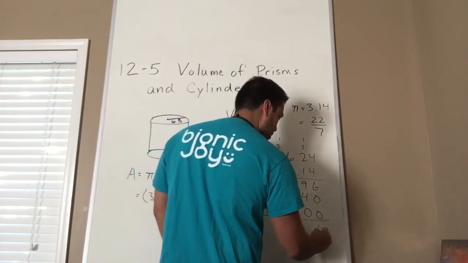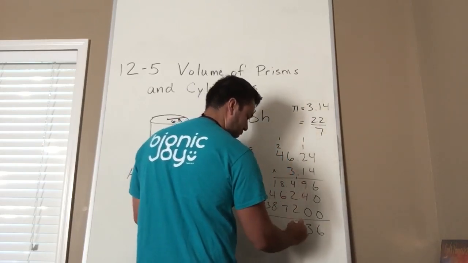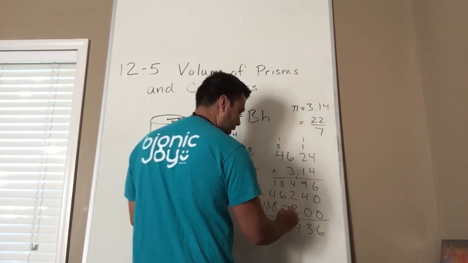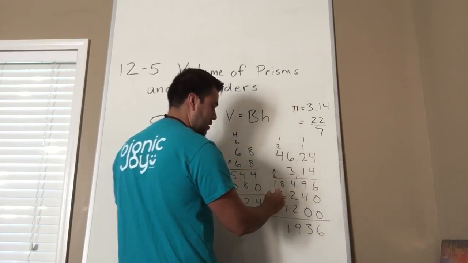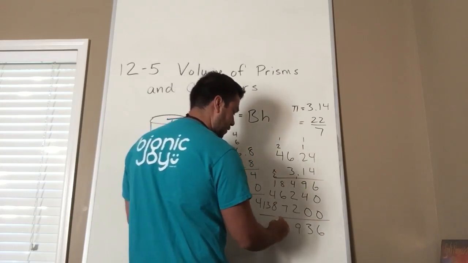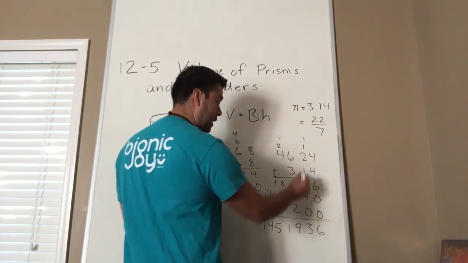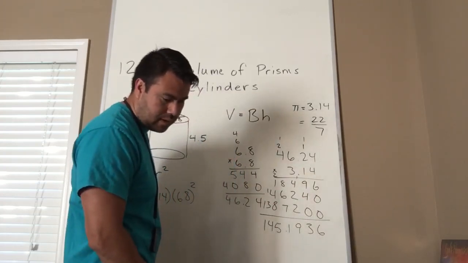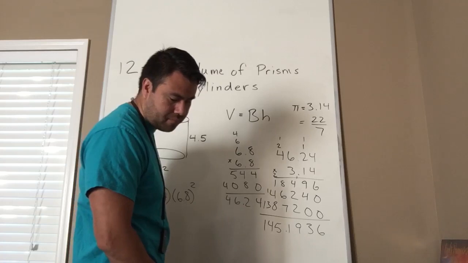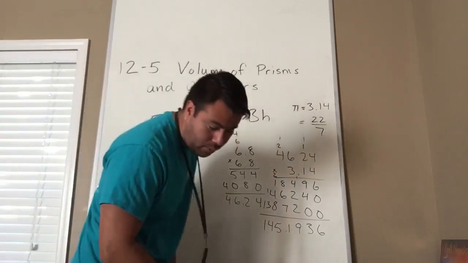Make sure I keep that all on track. 13, 5 plus 4 is 9, 14, 21, 6, 10, 15, 4, 1. Bring the decimal 4 places. Okay, so 3.14, so 145.15.